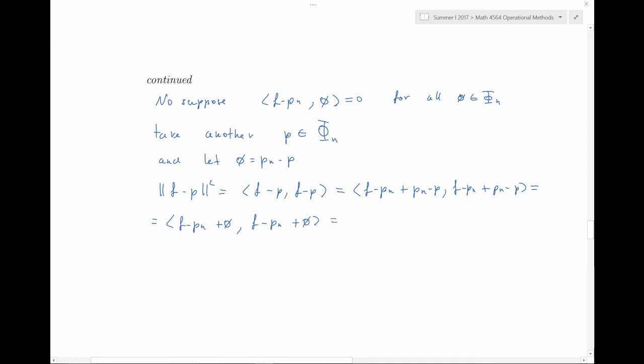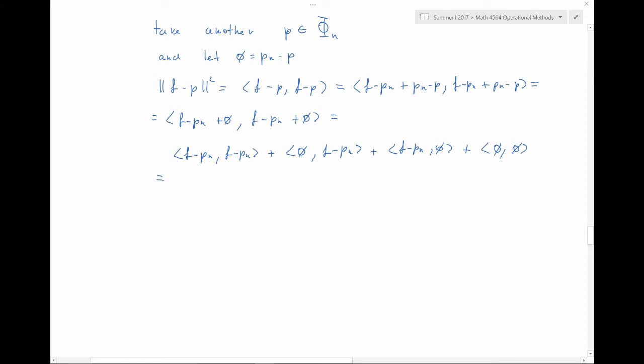This can be written as the inner product of f minus Pn with itself, plus the inner product of phi with f minus Pn, plus the inner product of f minus Pn with phi, plus the inner product of phi with itself, which I can write as the norm squared of f minus Pn plus, well, these two are conjugates of each other.